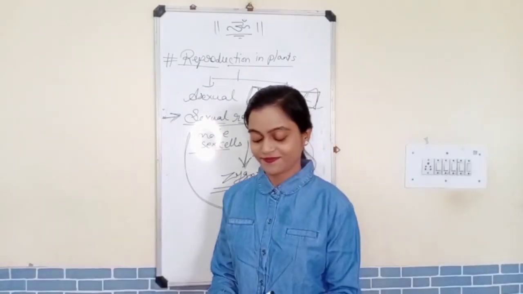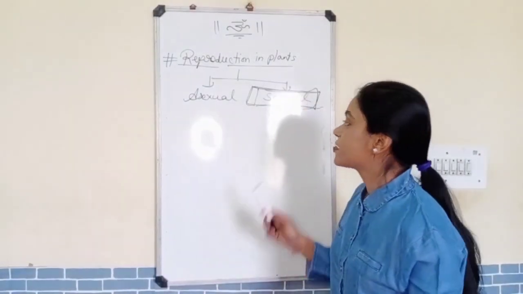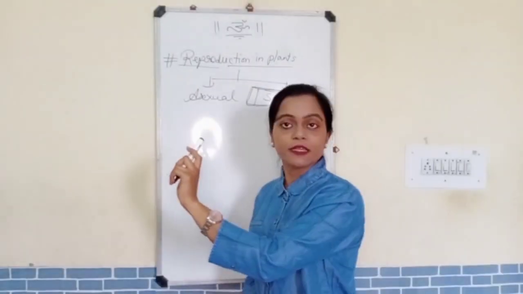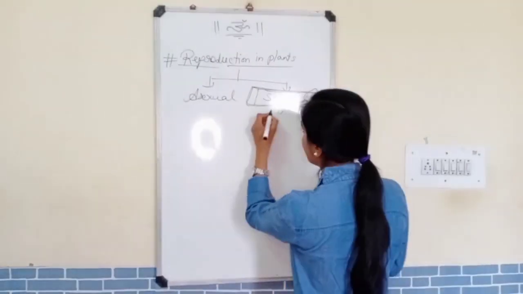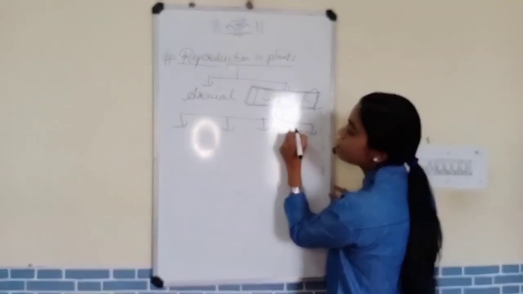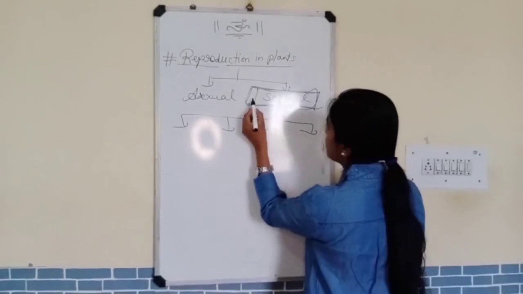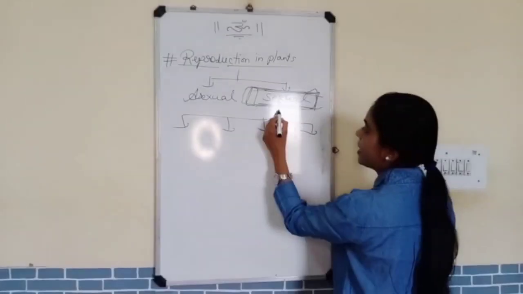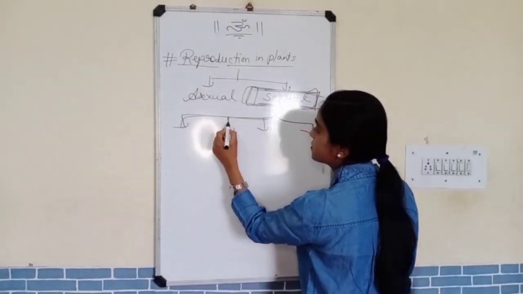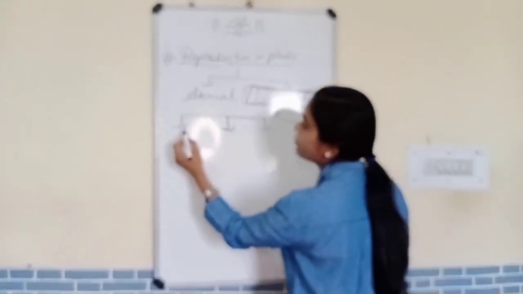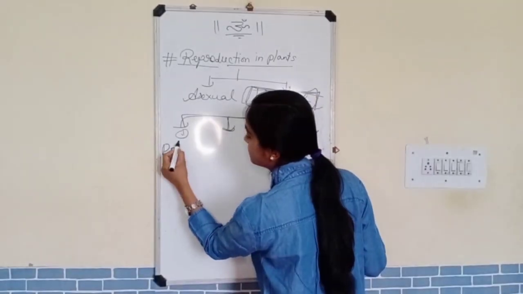Okay? There are 4 steps of a sexual reproduction in plants. Okay? Make a flow chart with me. Write a heading of sexual reproduction and classify in 4 steps. 1, 2, 3, 4 like this. Okay? First is pollination.